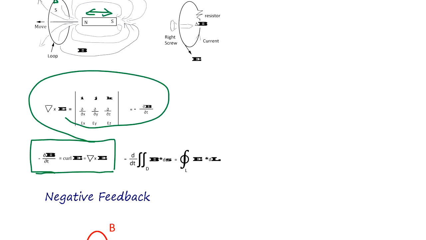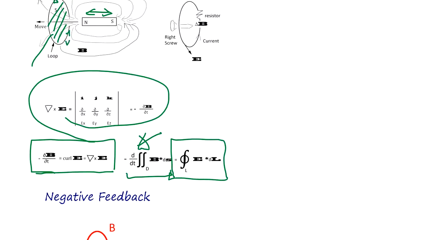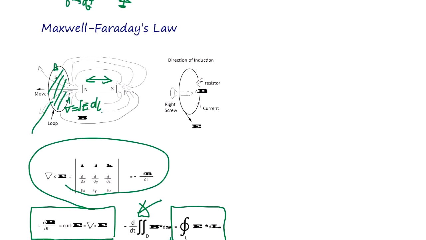The amount of B flux within the circle you integrate, and that change is going to cause the internal voltage, which is the line integral of the electric field.